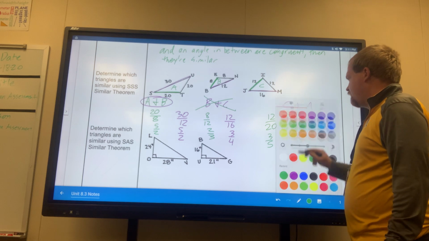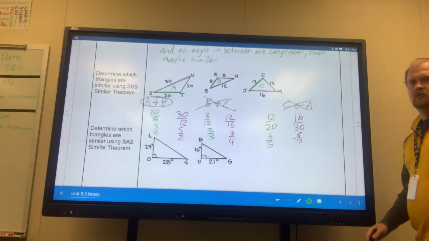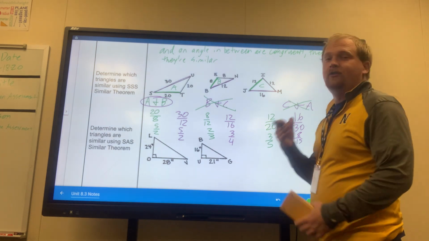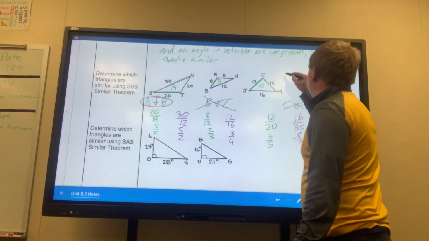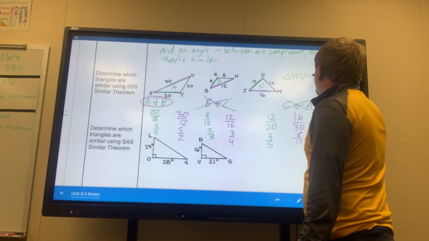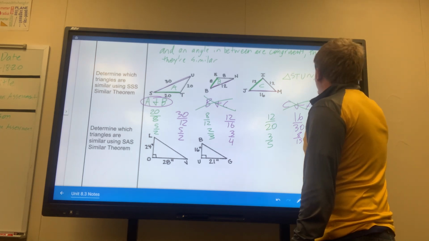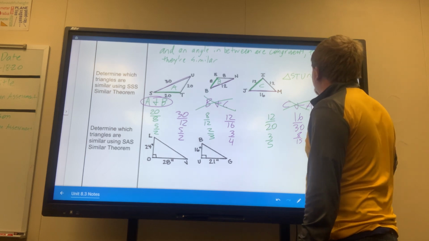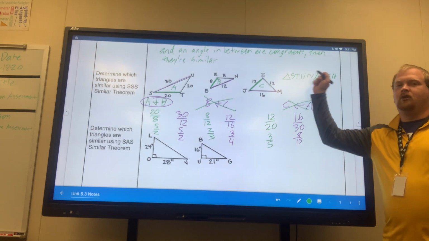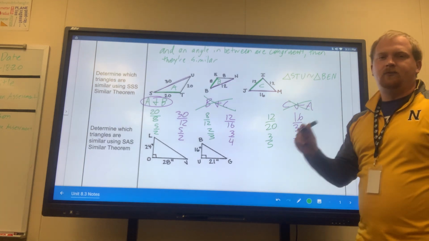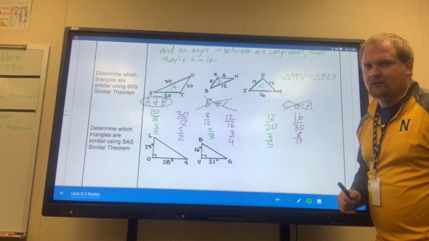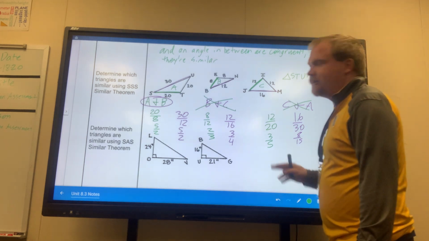Well, they're definitely not the same. So that doesn't work. The only ones that are similar to each other are triangles STU and BEN. These two triangles are similar from the side, side, side similarity theorem. That's what helps us out.